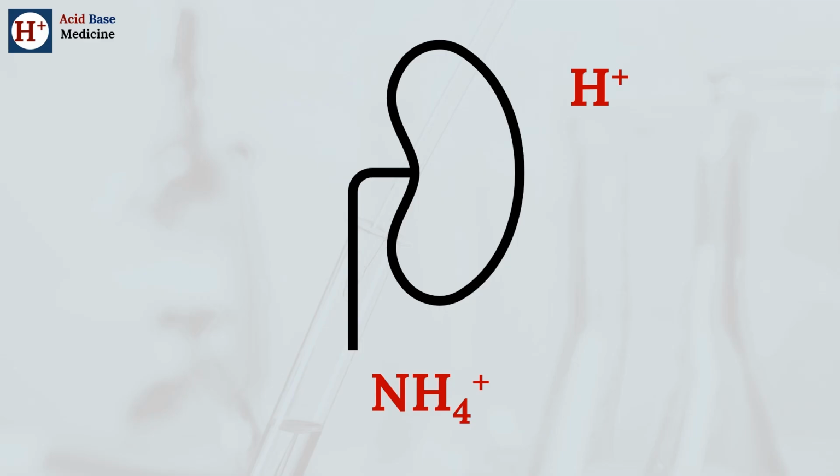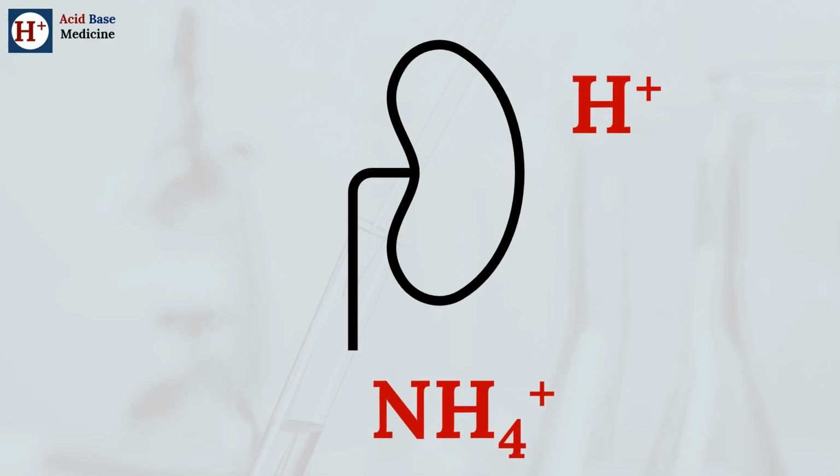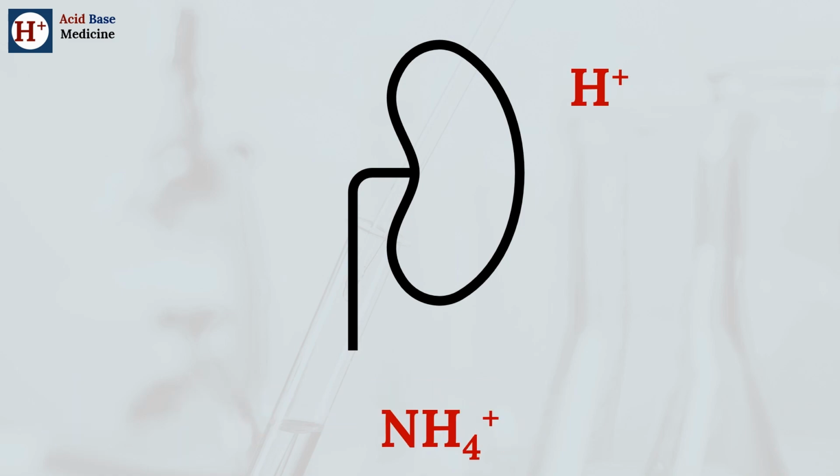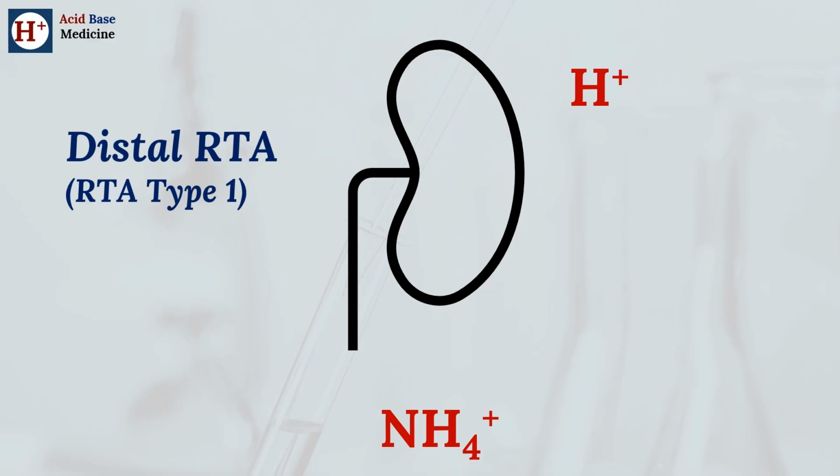After calculating the urinary anion gap, measure urine pH. In normal physiology, the kidneys respond to metabolic acidosis by increasing the excretion of ammonium, which causes the urine pH to decrease. Back again, in distal RTA, there is impaired renal ammonium excretion leading to an inappropriately high urine pH.